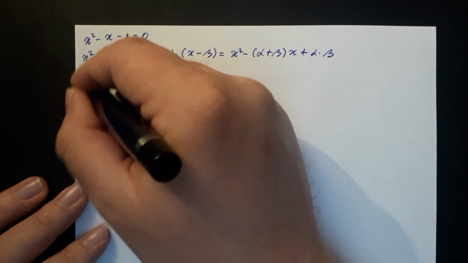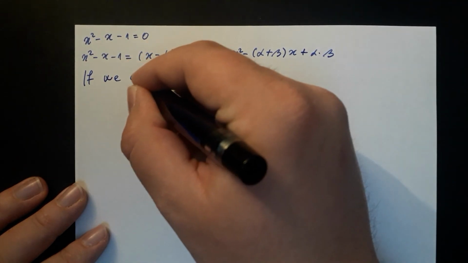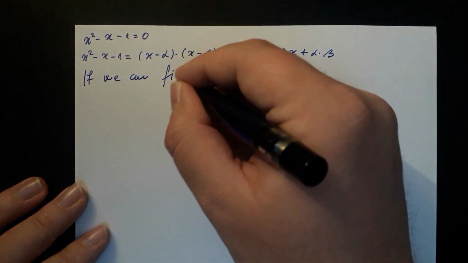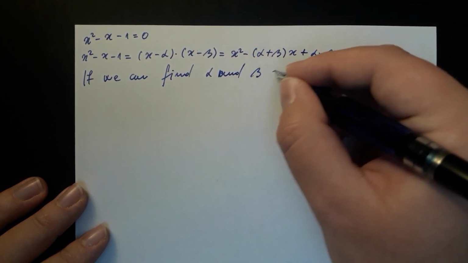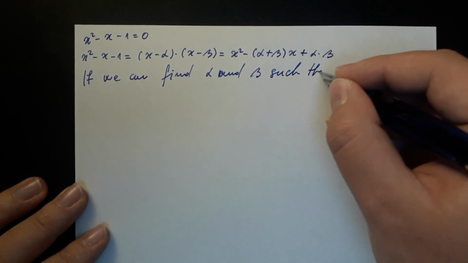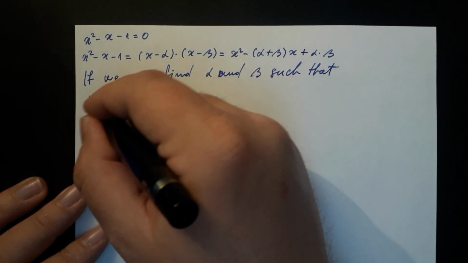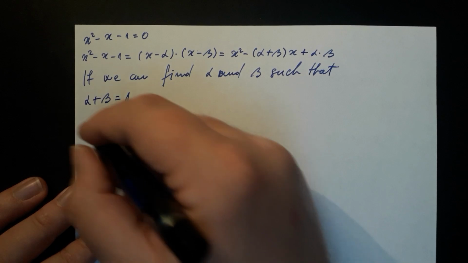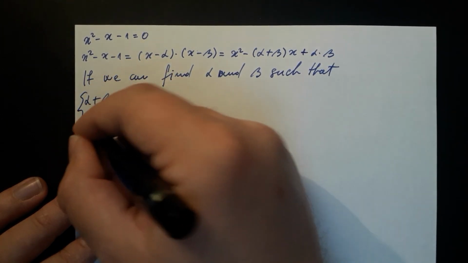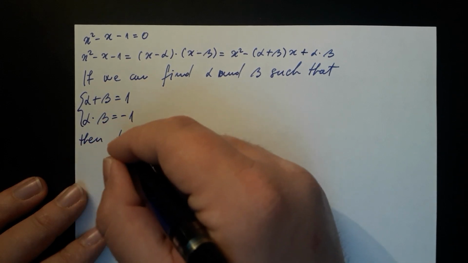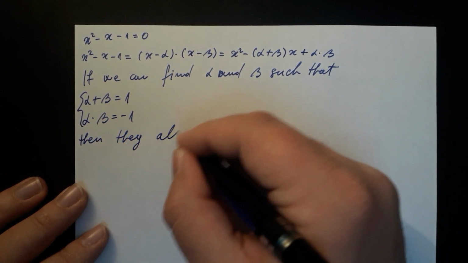If we can find alpha and beta such that alpha plus beta is equal to 1 and alpha times beta is equal to -1, then they are all the solutions.